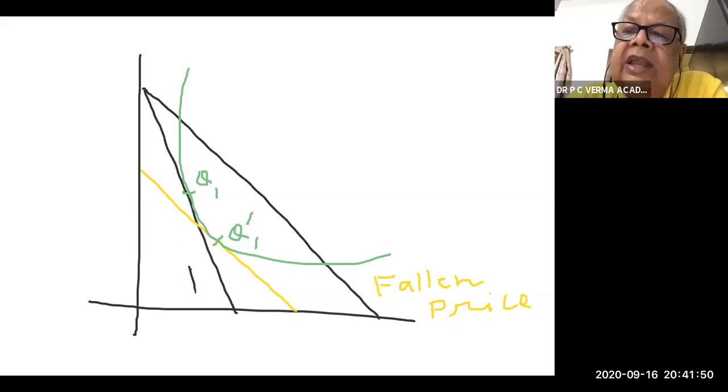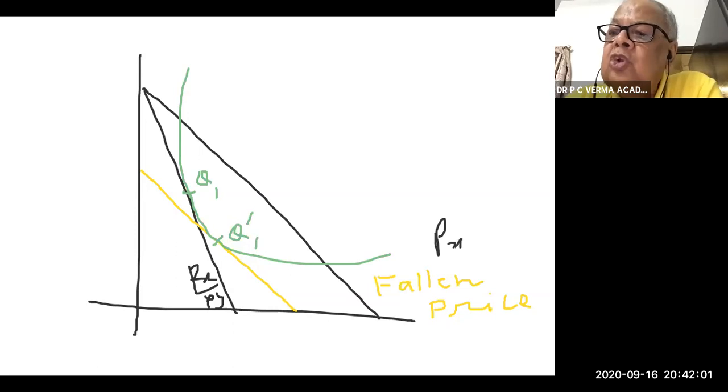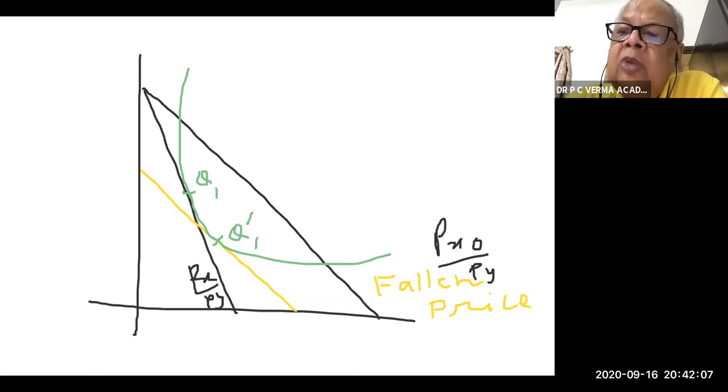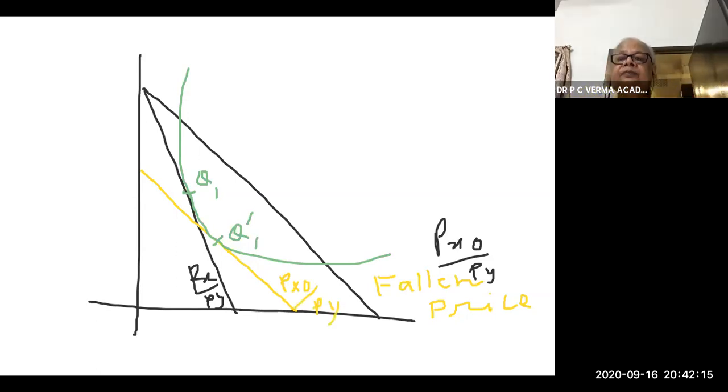Original price line is PX by PY and fallen price line is PX0 by PY, and parallel to this we have drawn a parallel line.